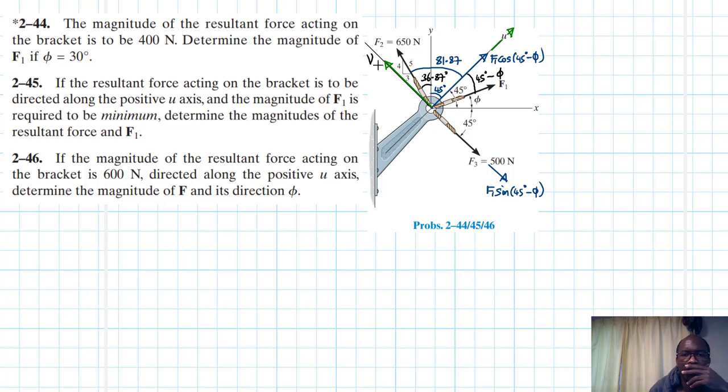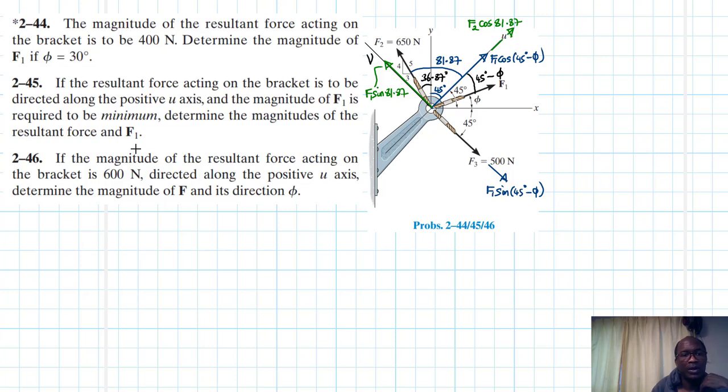And then we have this one, which is F2 cos 81.87, and this one is F2 sin 81.87. Great.